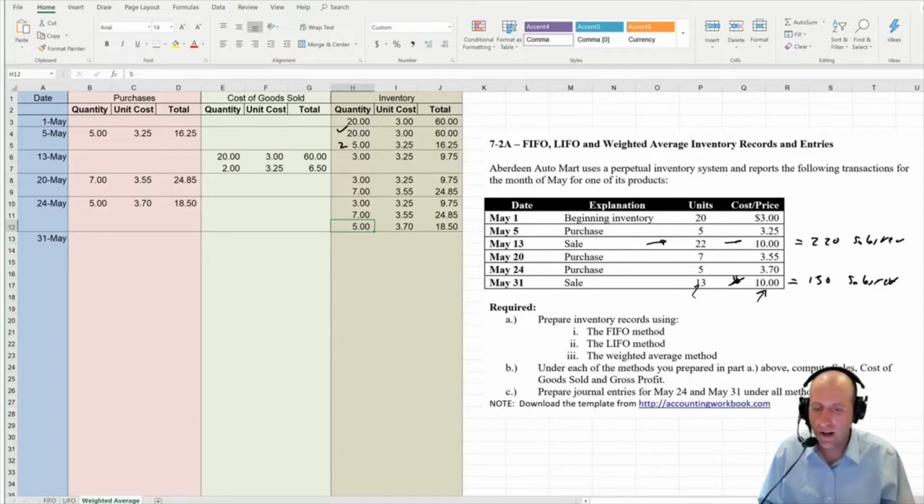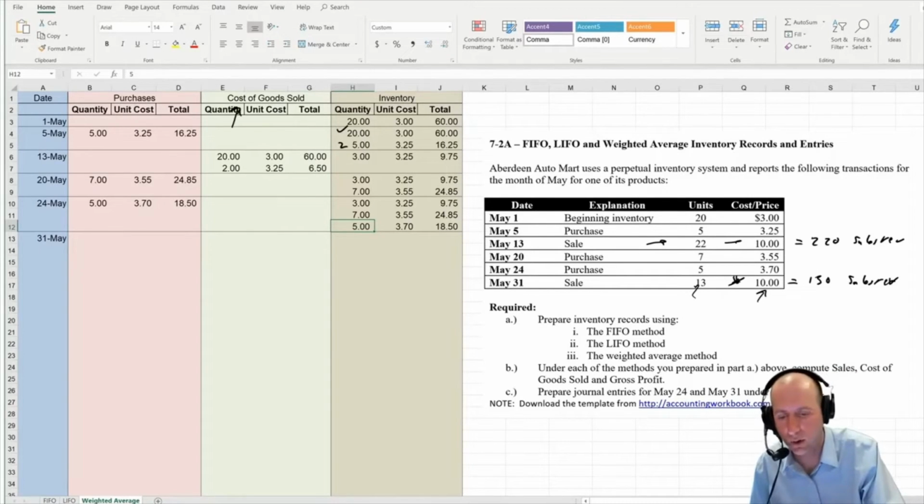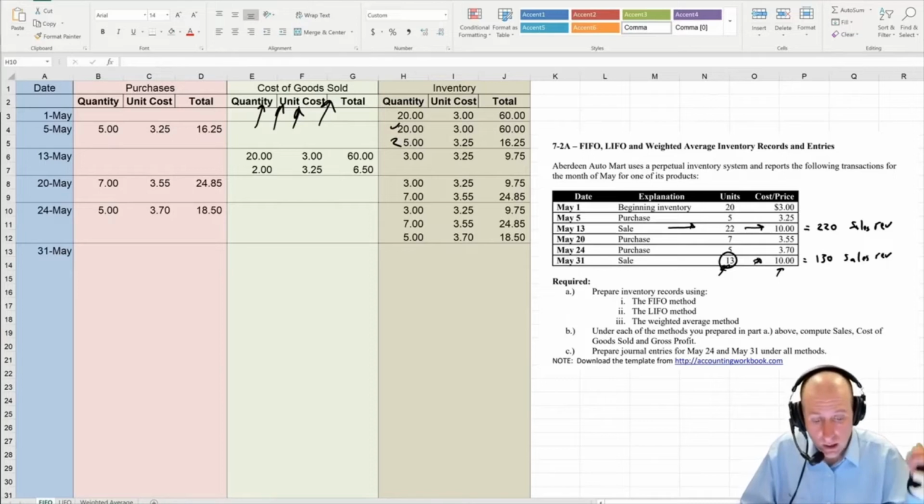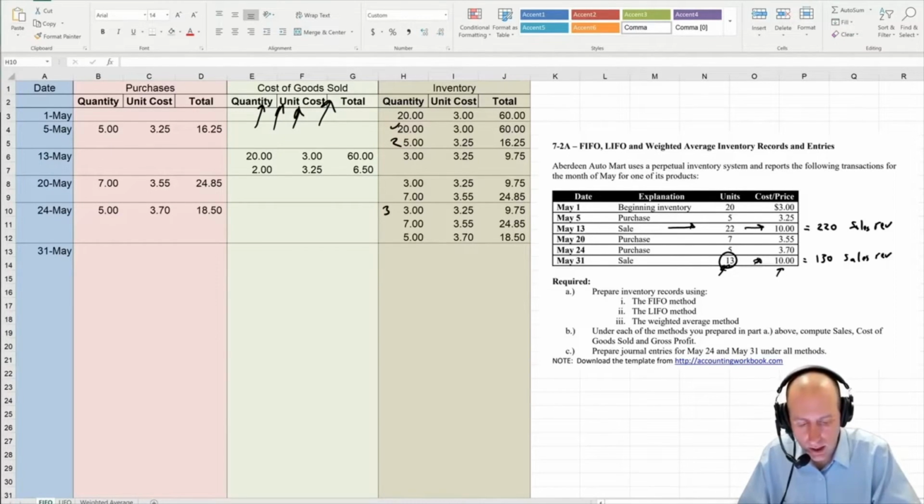But that's not what we're asking for. We're not asking for sales rev. We're asking for cost of goods sold. So the cost of the stuff we sold, well, we need to know which ones we sold. So FIFO says we must have sold the oldest units first. We must have sold these 3, all 3 of them, because we sold 13 in total. We must have sold these 7, and of these 5, well, 3 plus 7 is 10.